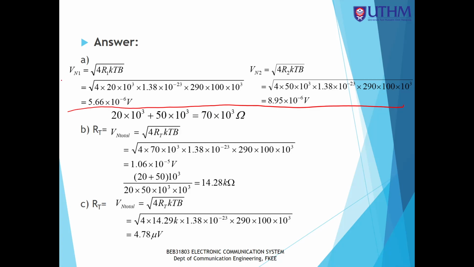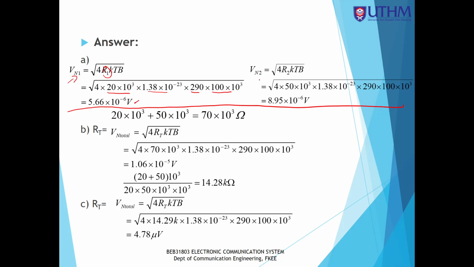So Vn1 is equal to square root of 4R1KTB. So 4 times 20 kilo ohm multiplied with Boltzmann constant multiplied with temperature 290 Kelvin multiplied with 100 kilohertz of bandwidth. So we get 5.66 times 10 to the power of minus 6 volt.